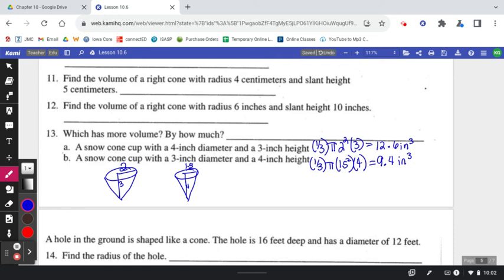So which has more volume? Cone A. How much? 12.6 minus 9.4, 3.2 inches cubed.